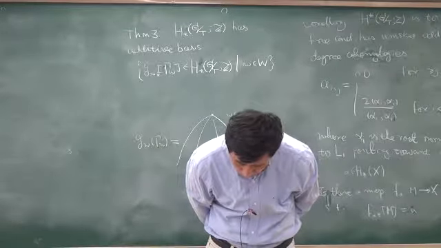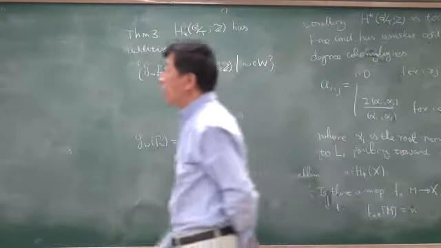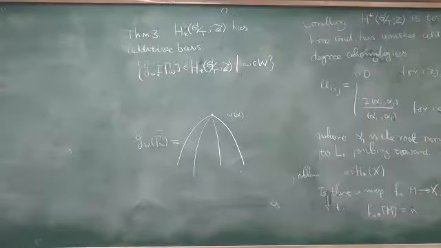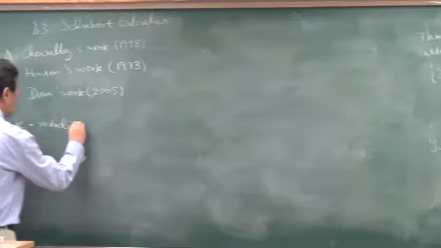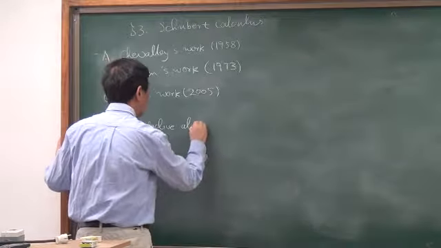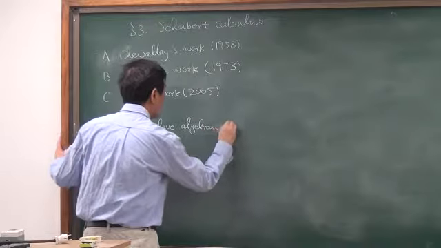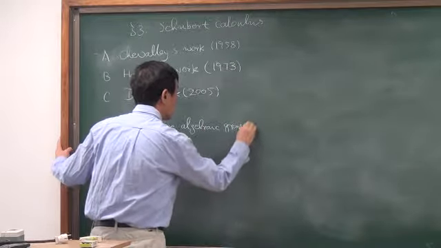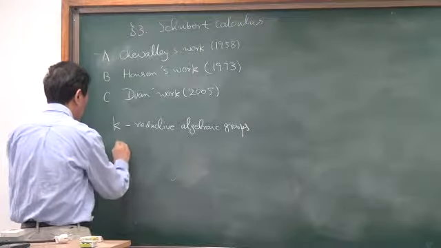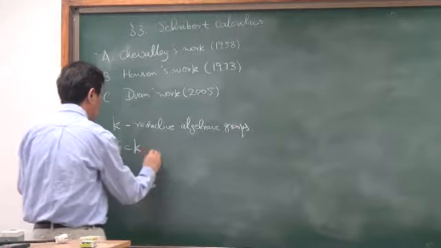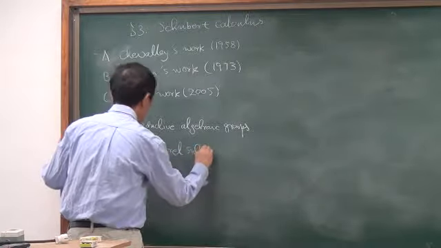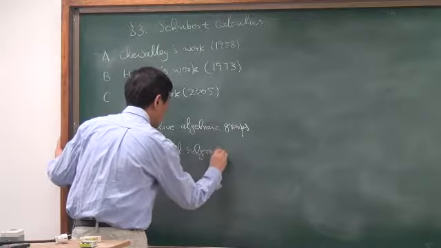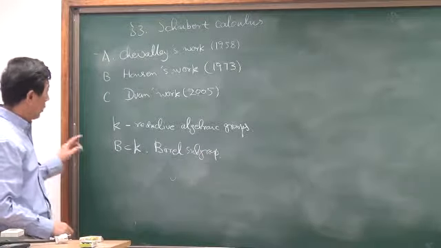Actually, Schubert's work took place. He used the language of algebraic geometry. The group he was concerned with is the so-called reductive algebraic group. And the subgroup he looked at is the so-called Borel subgroup.